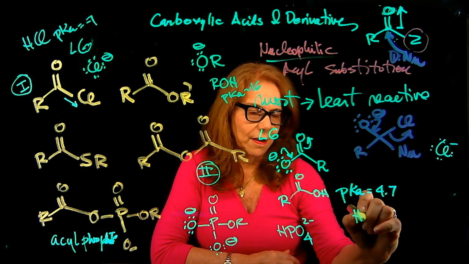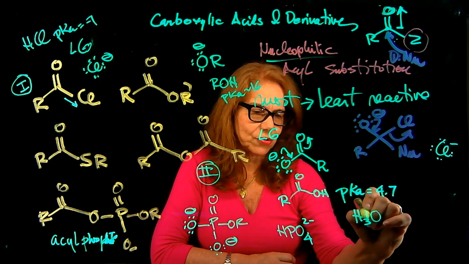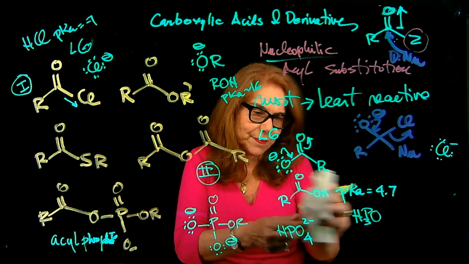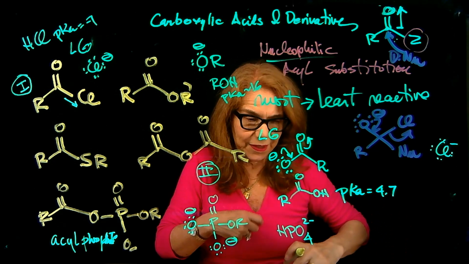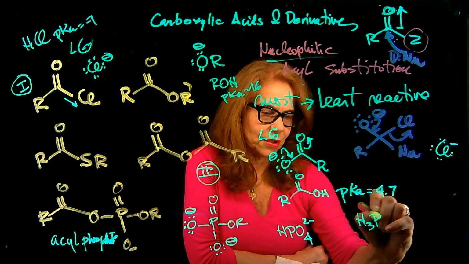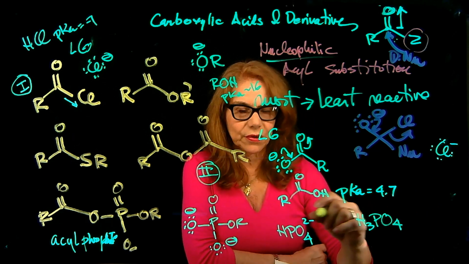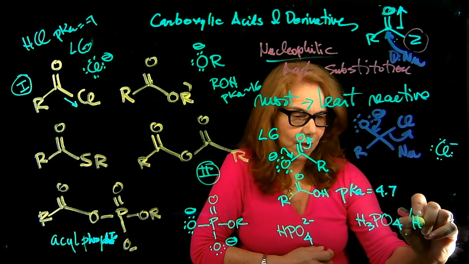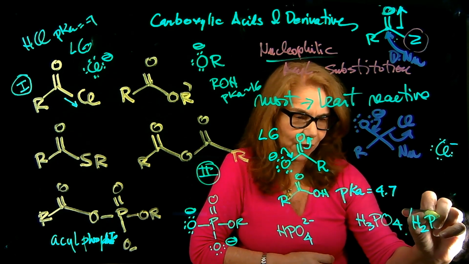Remember that phosphoric acid is a triprotic acid. The first ionization has the lowest pKa, and the conjugate base is dihydrogen phosphate.